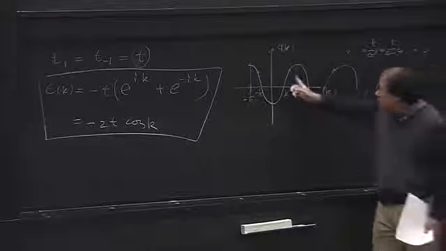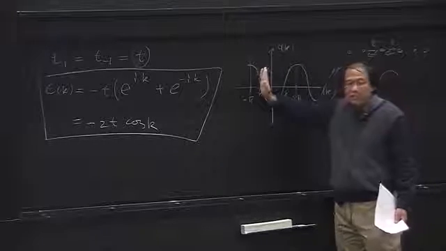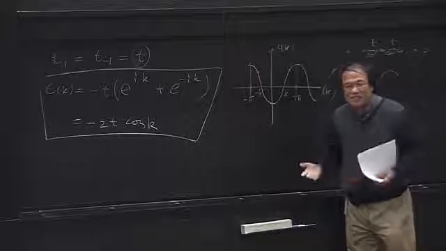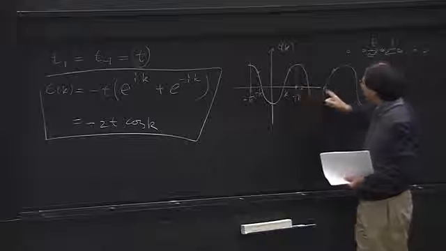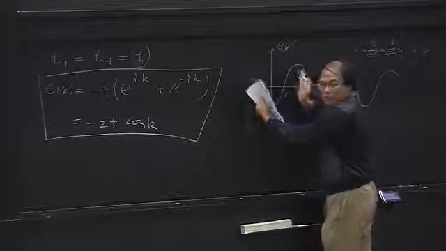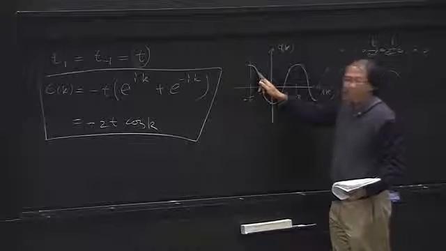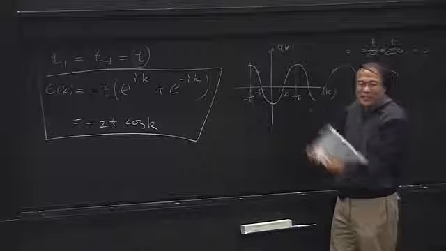But this is a symmetry, not redundancy. So this k and this minus k are different states, but different states have the same energy. And when we draw it, we do not want to draw the same state twice. So that's why we limit ourselves to the Brillouin zone. But these two different states have the same energy. Their symmetry property shows that, yes, we have beautiful symmetry.